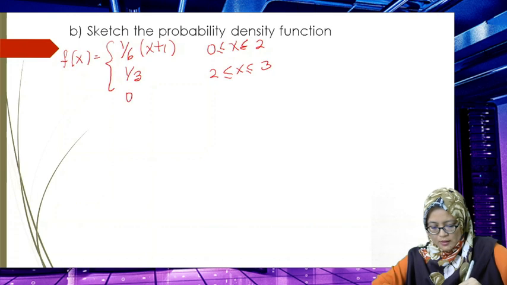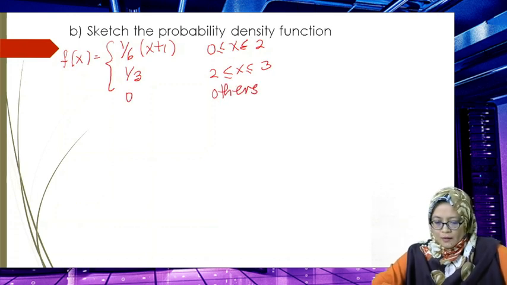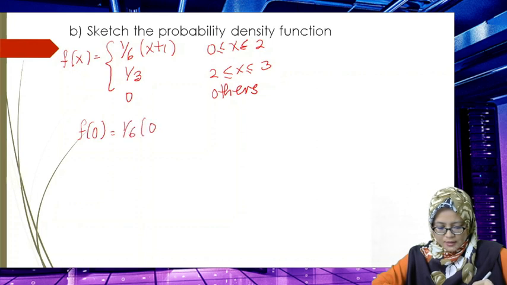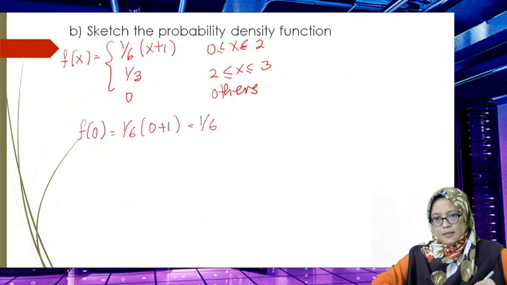So other than this interval is 0. Okay, so kita nak sketch graph. Okay, kita akan ambil nilai daripada interval yang ada ni. Maksudnya, you akan ambil x0, ganti dalam you punya function kat sini, 1 over 6, 0 plus 1. So awak akan dapat 1 over 6.